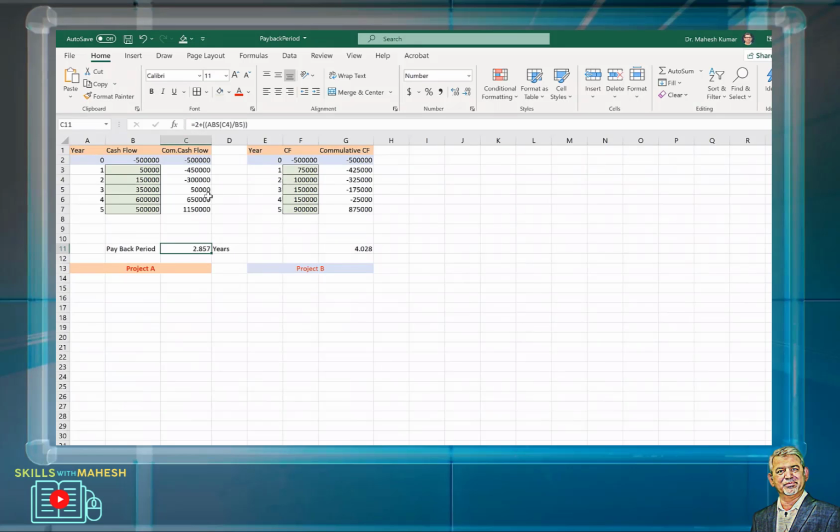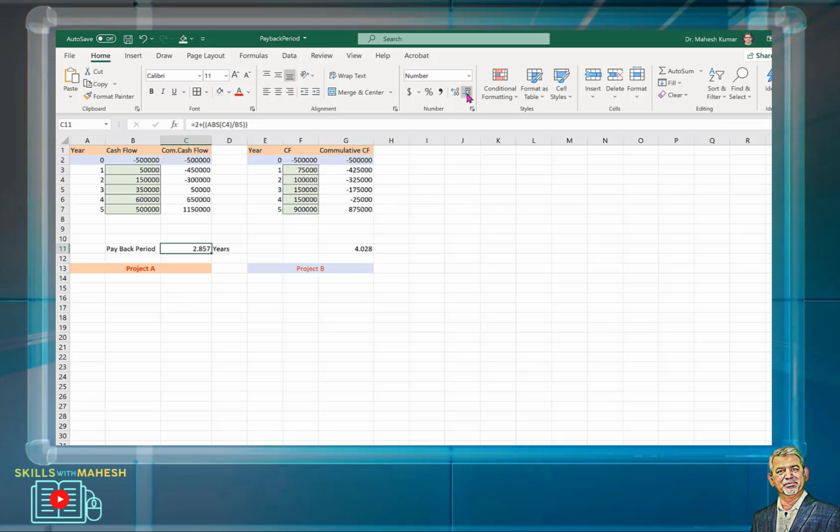I did it a little differently: after 2 years I will get the payback period, and it is not 3 minus. I used a little different approach. After 2 years, it is the absolute value of C4, which is here, divided by B5, which is here, right? So this is B5.